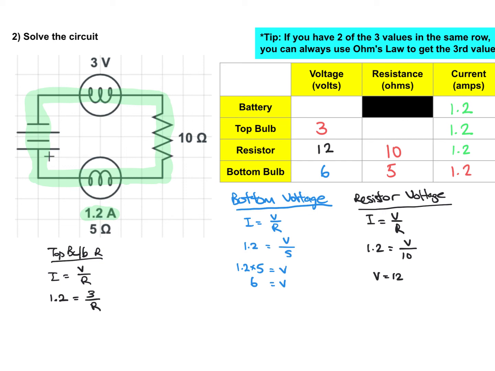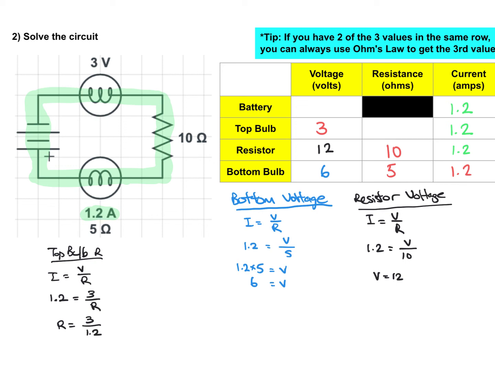So 3 divided by something has to equal 1.2. The way you can calculate that is to actually do 3 divided by 1.2.